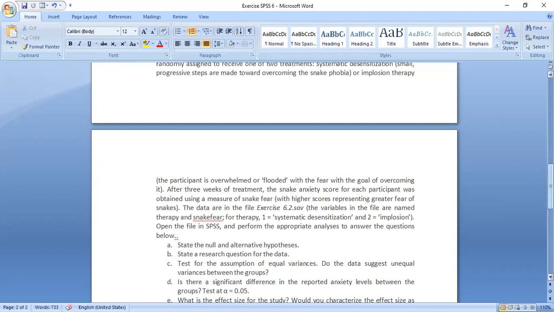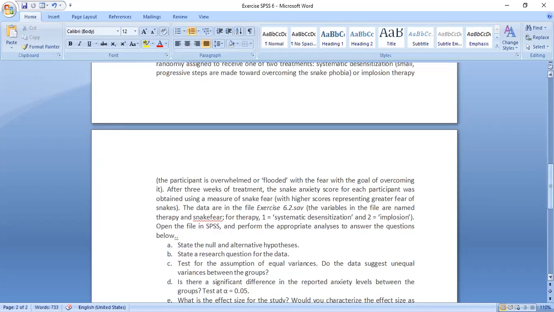Alternate hypothesis: there is significant difference between participants who have been suffering from snake phobia being given either systematic desensitization therapy or implosion therapy.